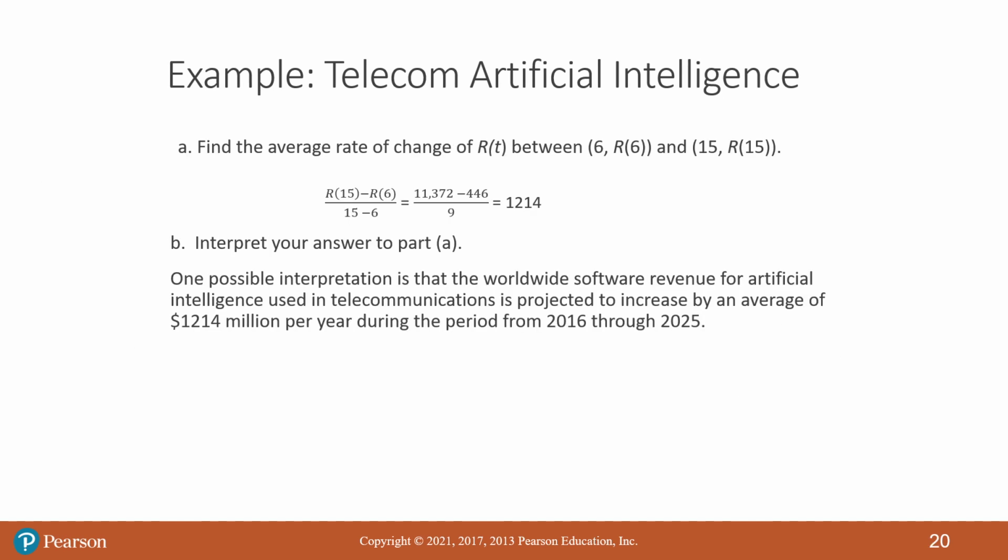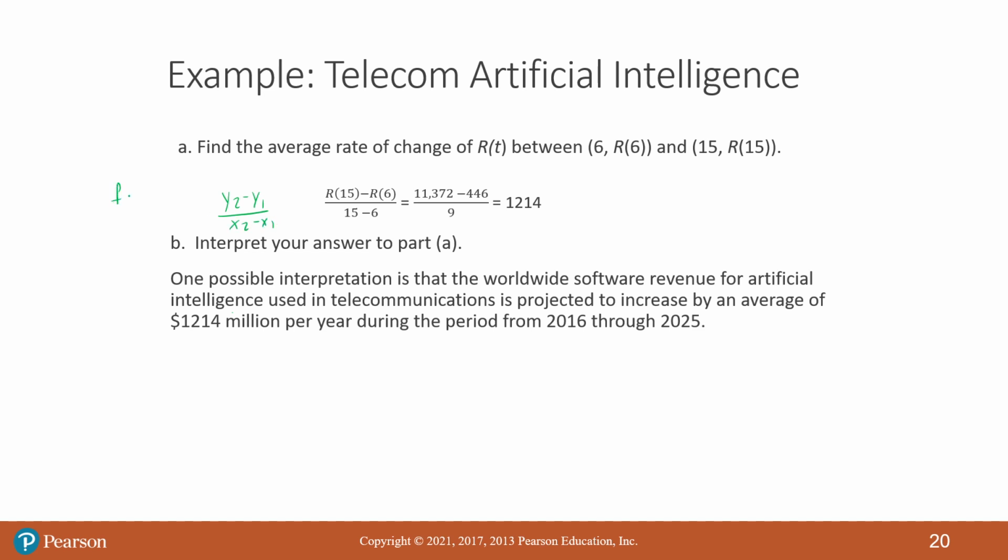Now we just have to find it. Okay, so here's what we have to do. It says r of 15 minus r of 6 over 15 minus 6. What they're doing there is putting it in that average rate of change formula. Essentially it's just y2 minus y1 over x2 minus x1, which is your slope formula.